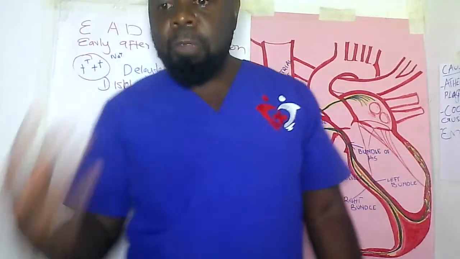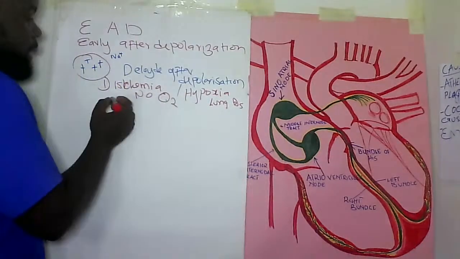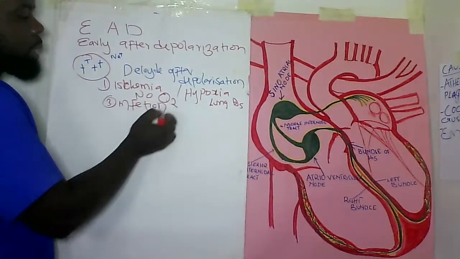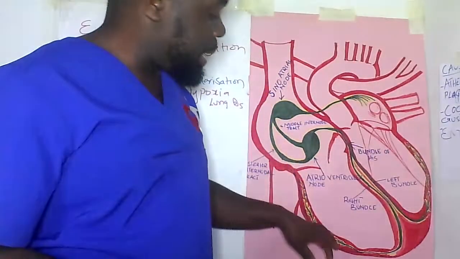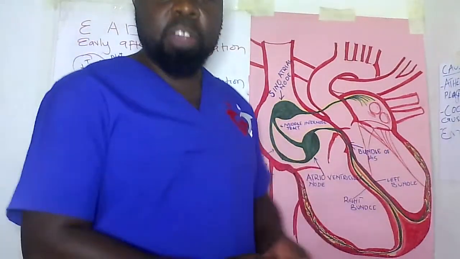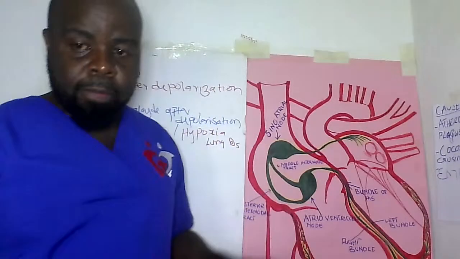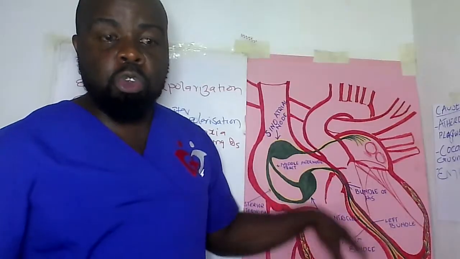Then myocarditis, infection. Myocarditis is infection of the heart muscles. This can make you have a delayed impulse that goes through your heart.